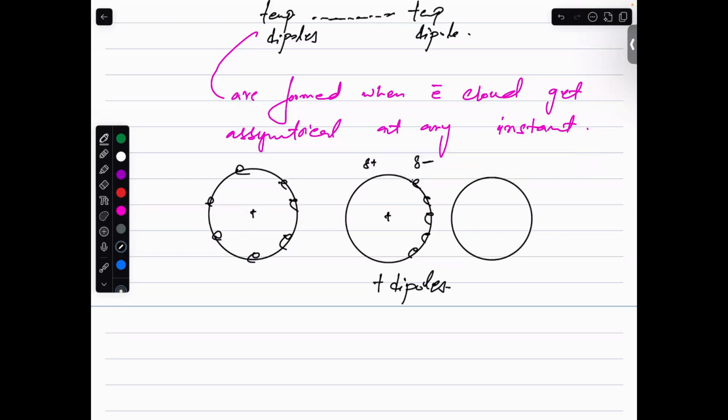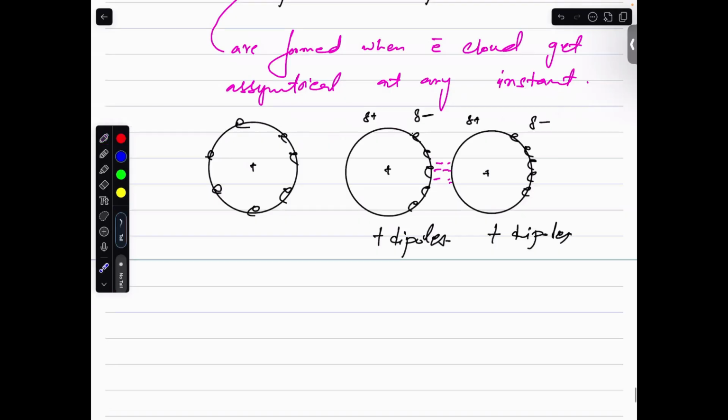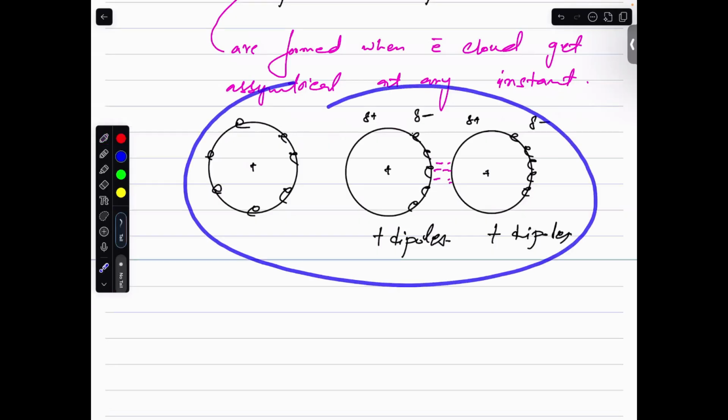Its electrons are repelled and move to the other side, so this also becomes temporarily negative and positive. These temporary dipoles attracting each other is called TD-ID or TD-TD interaction.